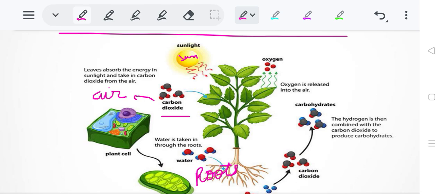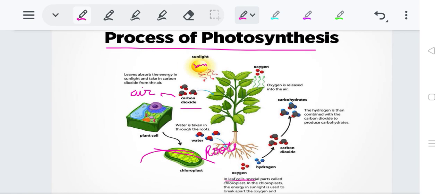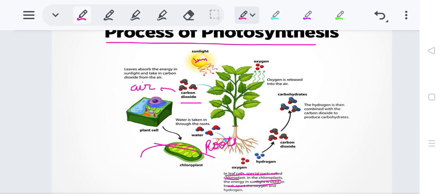The plant is intaking raw material, carbon dioxide from air, using stomata. Sunlight is absorbed by chlorophyll present in the chloroplast, special parts of the leaves, and the chlorophyll energy and sunlight are used for breaking apart oxygen and hydrogen.